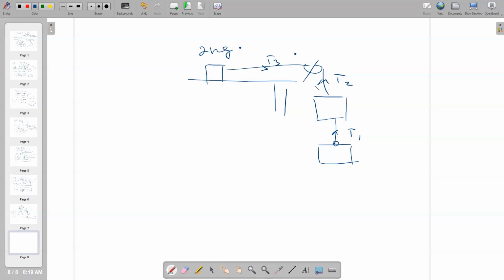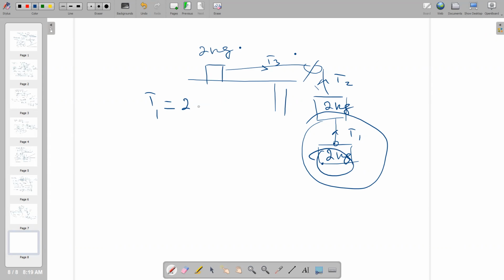So how can you find the value of this tension? So remember these are the tricks. Here we have 2 kg, suppose. This is also 2 kg. This is also 2 kg. So you want to find the tension of this one. So T1 is equal to this mass, 2, into G minus A. You will apply this formula.